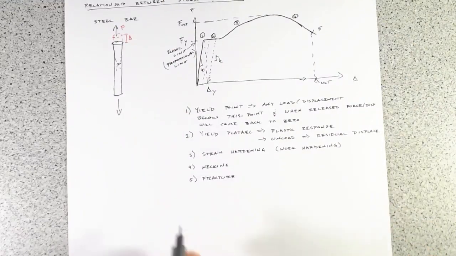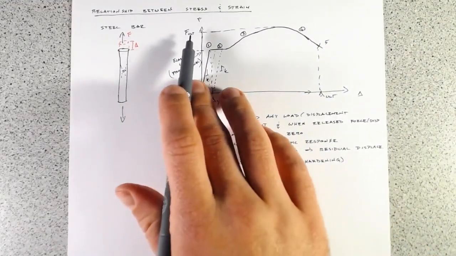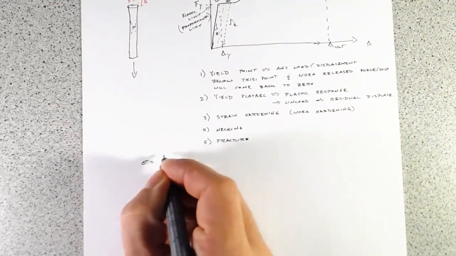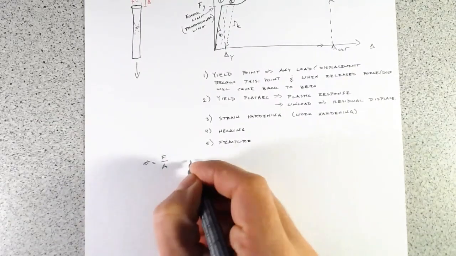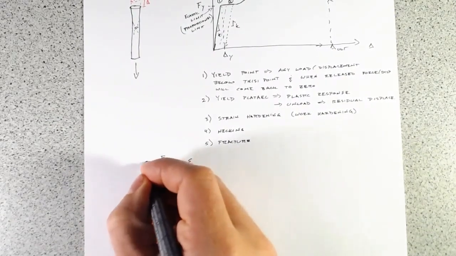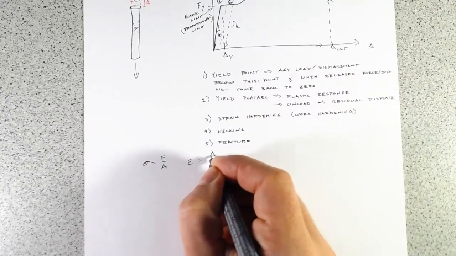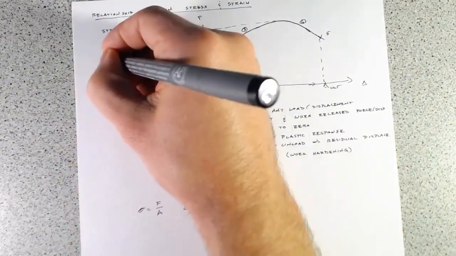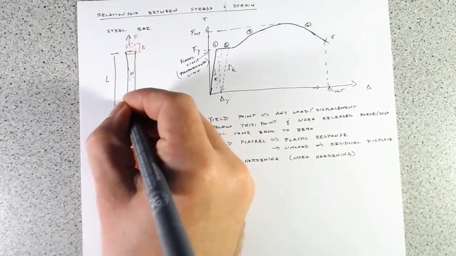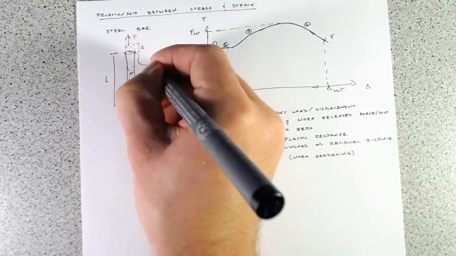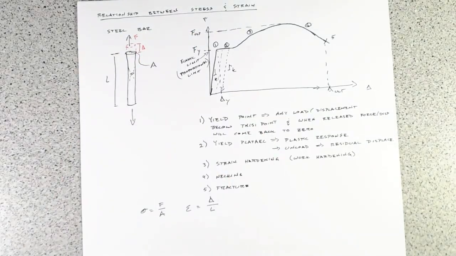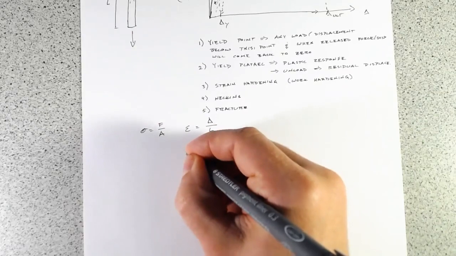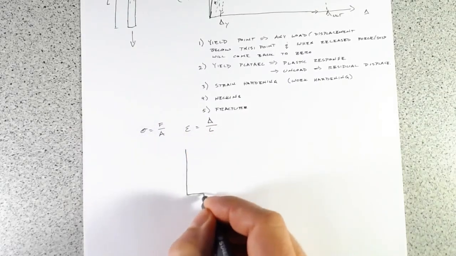So let's just redraw this, but instead of F and delta, let's redraw it with sigma equals F over A, and epsilon equals delta over L. There'll be some length L, and that'll be some area A. So if we redraw that, because these are just proportional, we really have the same shape.